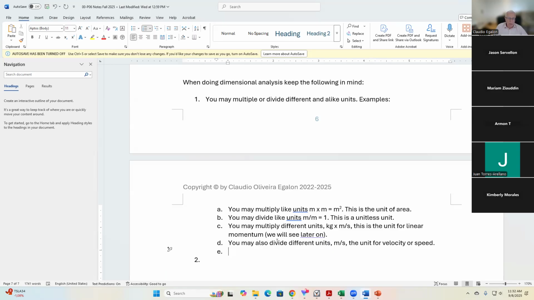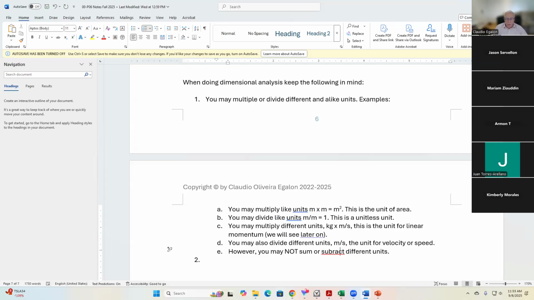However, you may not sum or multiply different units, okay? Just like in the case of the displacement. You may not sum or subtract different units.